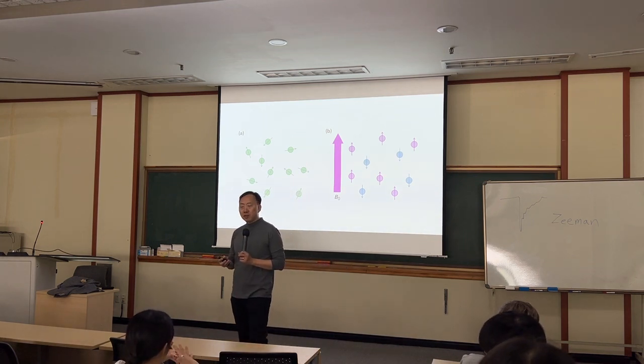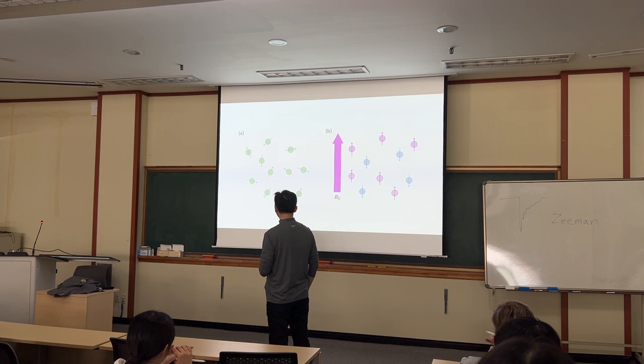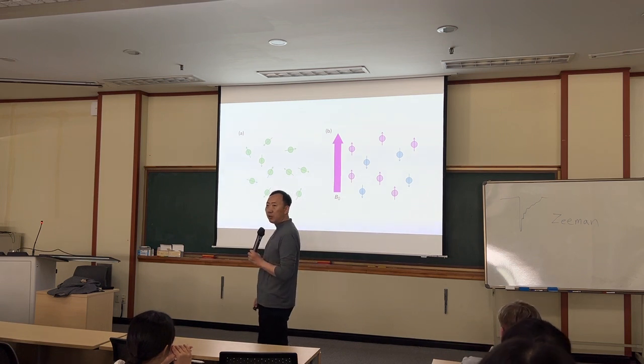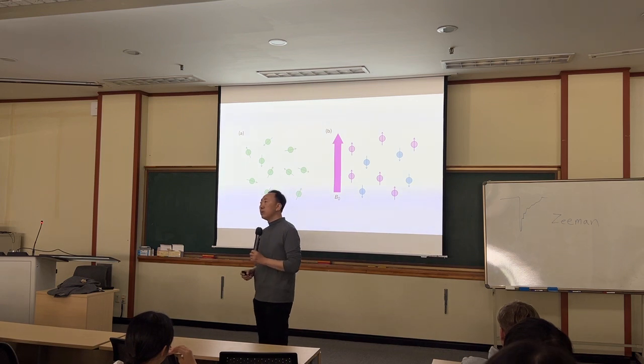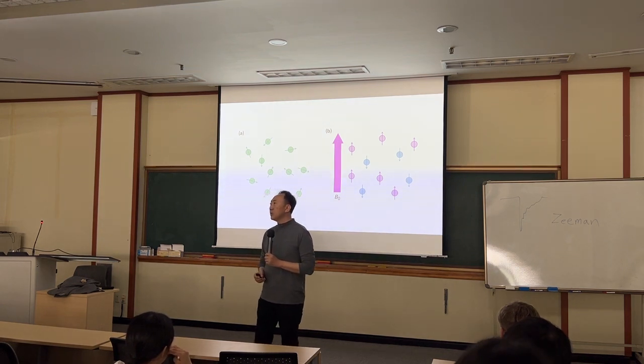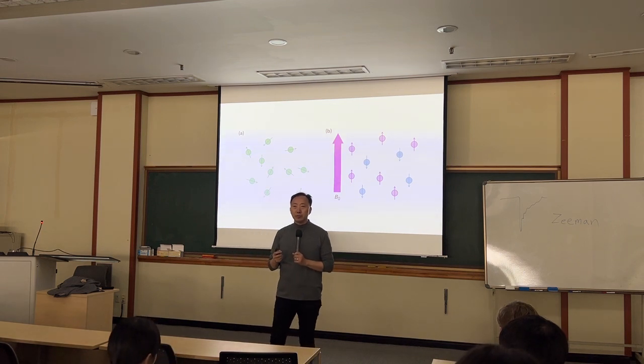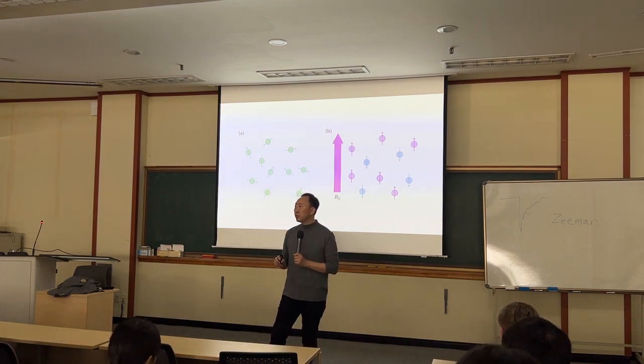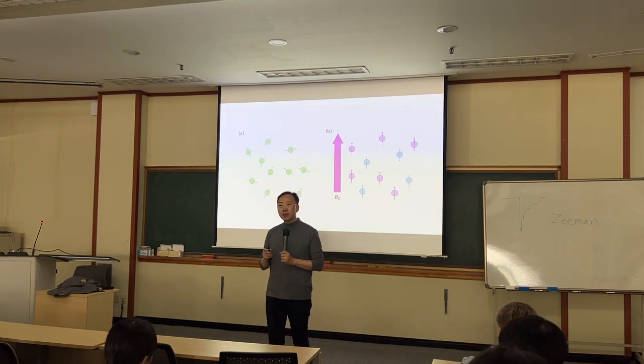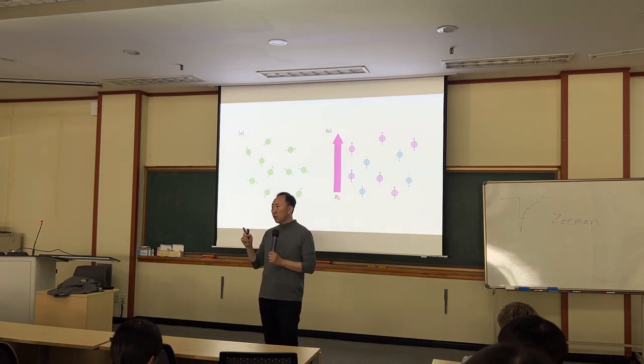And much later, it was found that not only the electron but the nucleus is also spinning. The proton is the simplest nucleus, composed of only one proton, and that also has a spinning effect. If they spin, the charged particle moves, and that induces a magnetic field.